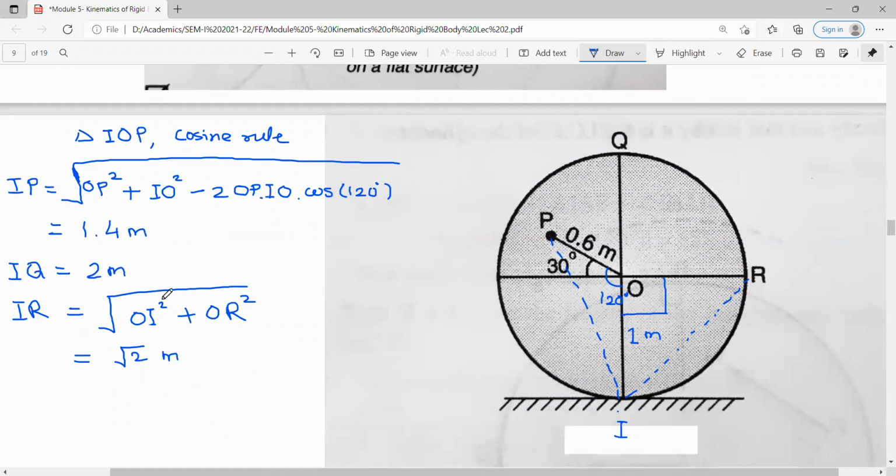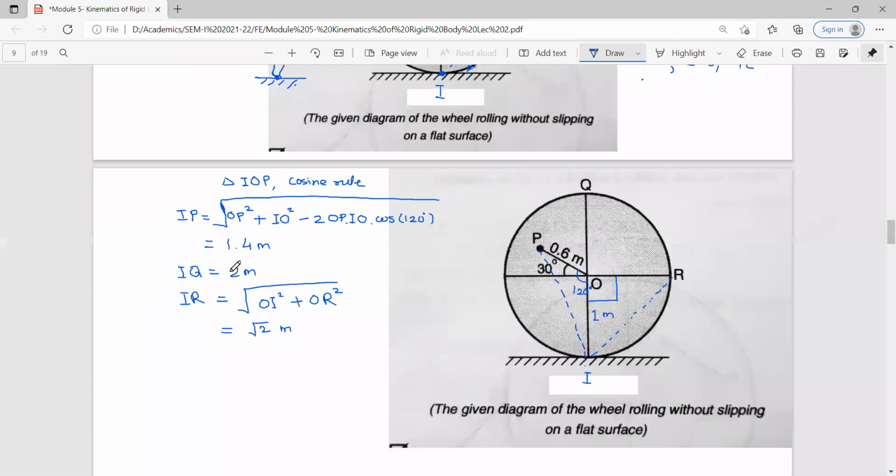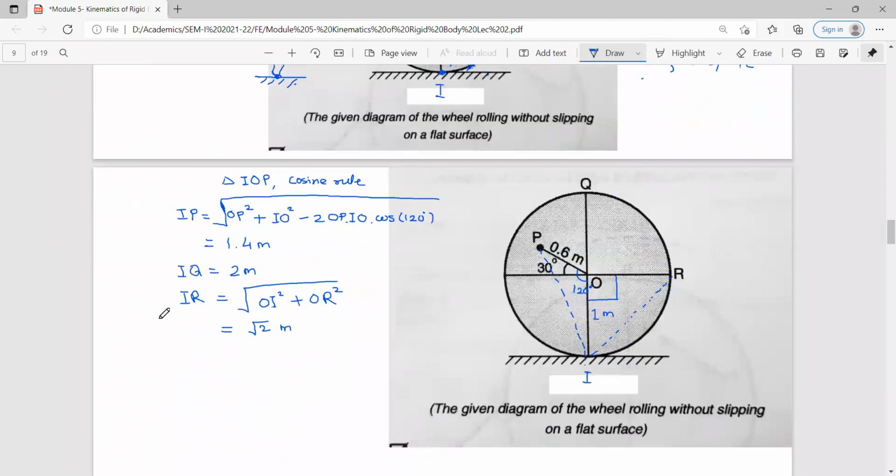Getting this? All of you? Yes, sir. Okay. Now next is just calculation of velocities of different points. So what is the formula for velocity? Formula for velocity is equal to R into omega. So we know the radius for all points, but angular velocity we still don't know.